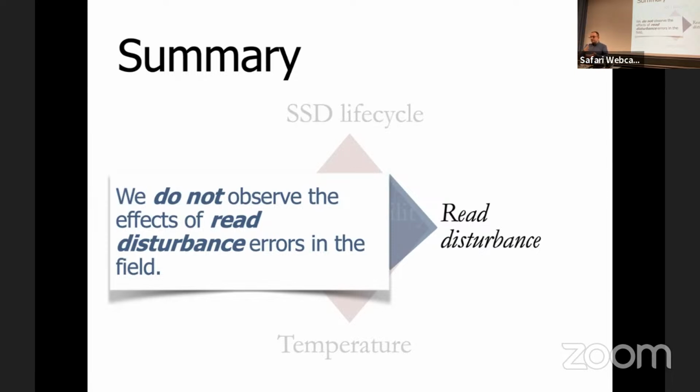So with RAID, you can also fix some errors at the OS level. So basically, you have a lot of different error correction capabilities such that they can hide errors. That's partly the reason that we didn't really observe read disturbance errors at the software layer.